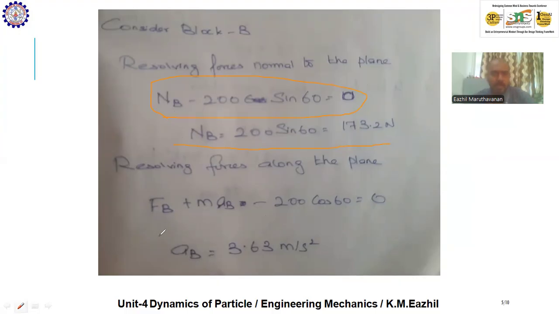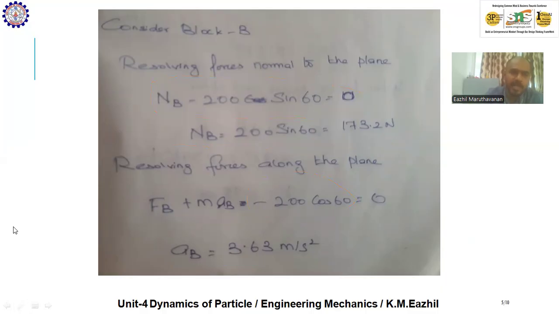Resolving the forces parallel to the plane, F_B plus M a_B, these two forces are acting in the positive x direction, whereas this particular force will act in the negative x direction, so it is substituted as minus 200 cos 60. By substituting all the values, F_B as mu_B into N_B, and for M, the mass, 200 divided by 9.81, we'll get the a_B value as 3.63 meter per second square.